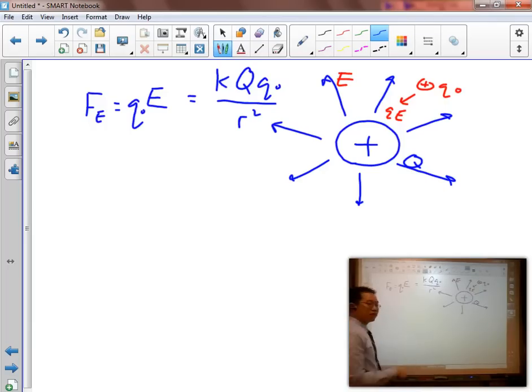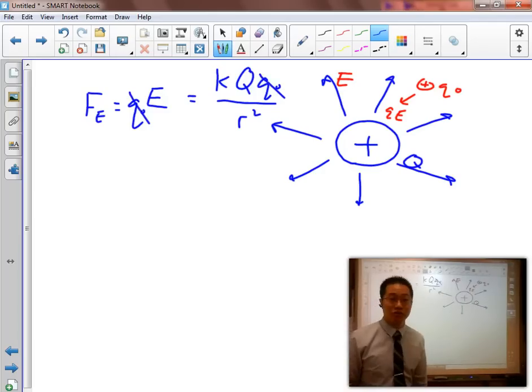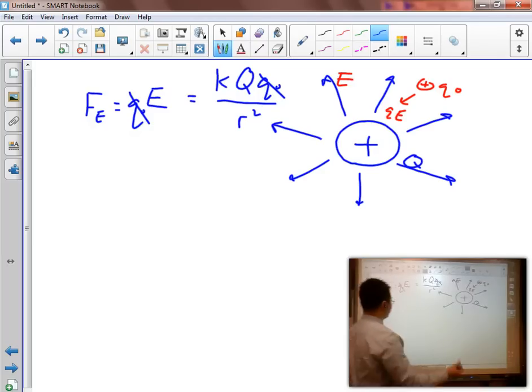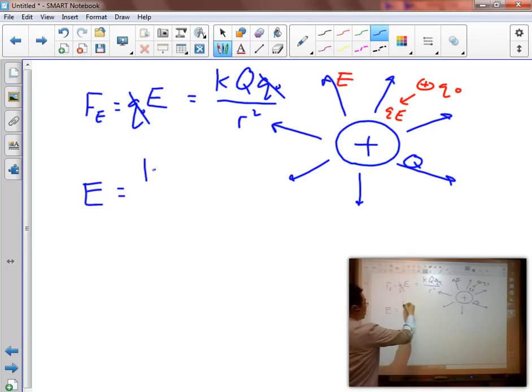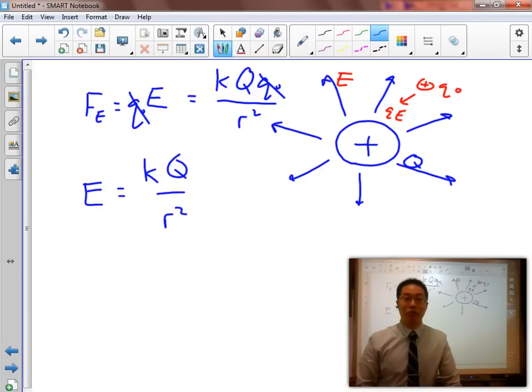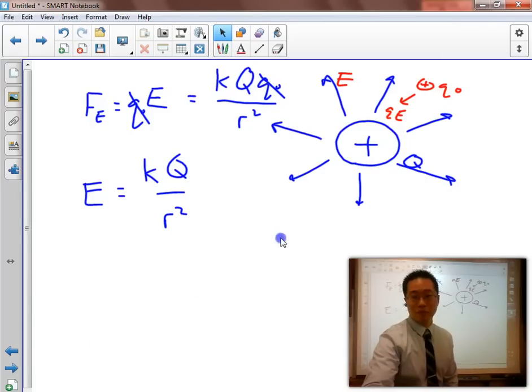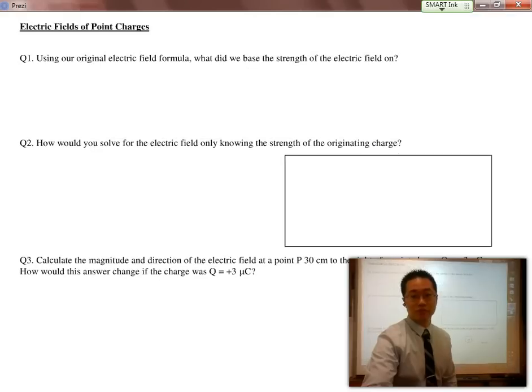So just like the Earth and the person, that tiny little test charge can cancel out when I set the two formulas equal to each other, which leaves me the formula: the electric field of the charge is equal to K times the large charge producing the electric field divided by R squared, or however far you are away from the center. Okay. So that's how we derive the formula.